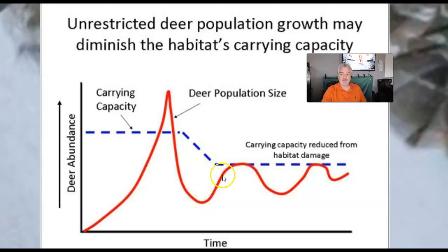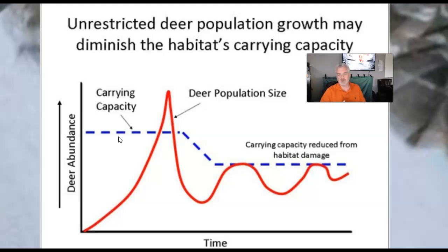And really, when they come back, because of all the damage done by the overgrazing and overeating of all the herd, it can lower that carrying capacity. And so it's good, as we talked about in class, to have the predation there to keep that population in check. And in some places, it's good to have the hunting to keep the deer population, or whatever population of organisms, in check.